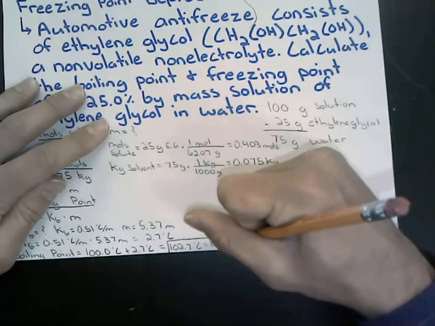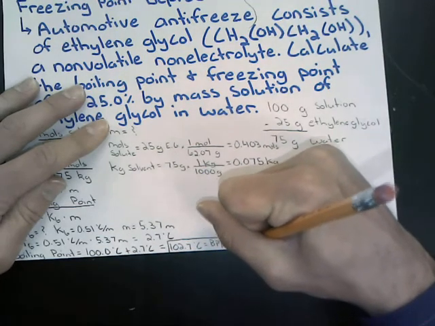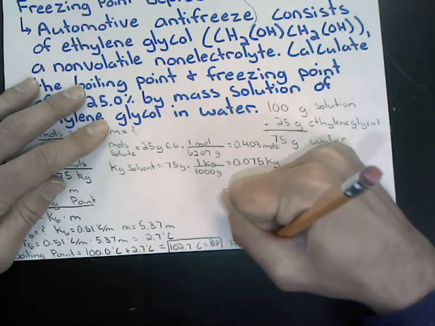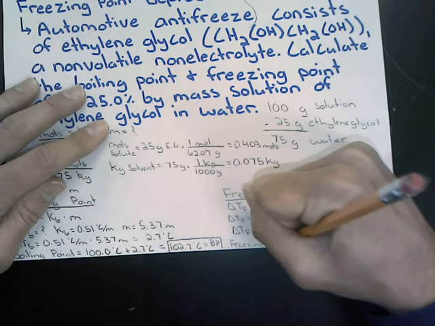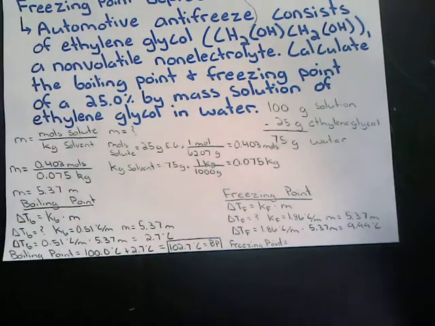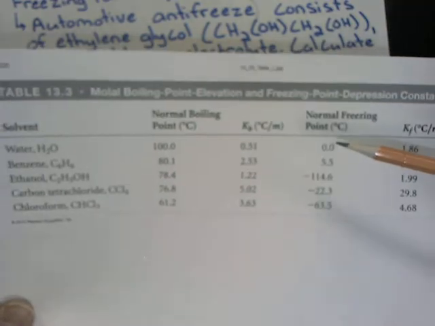So our freezing point here is going to be this. We need to look up what is the normal freezing point for our solvent water, and we look it up here. We see our normal freezing point of our pure solvent water is 0.0 degrees Celsius.